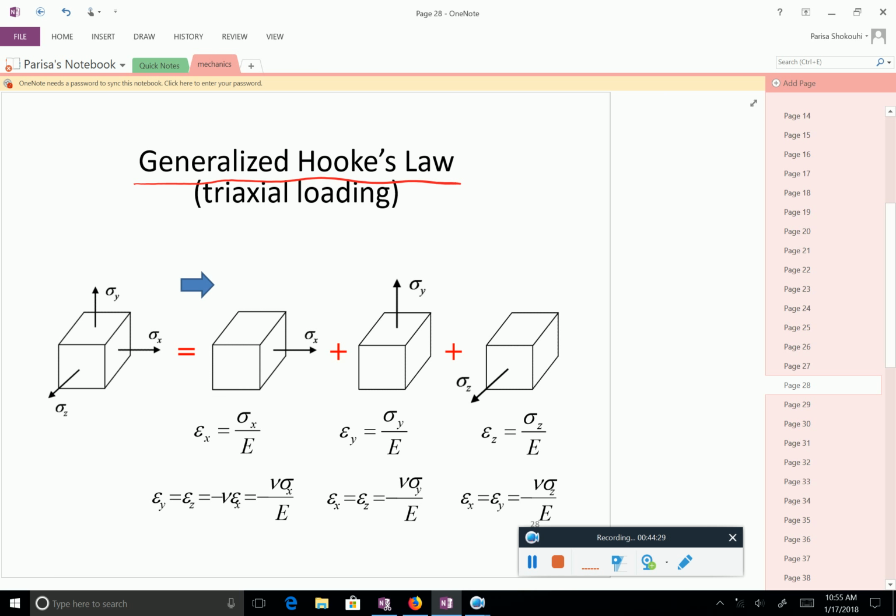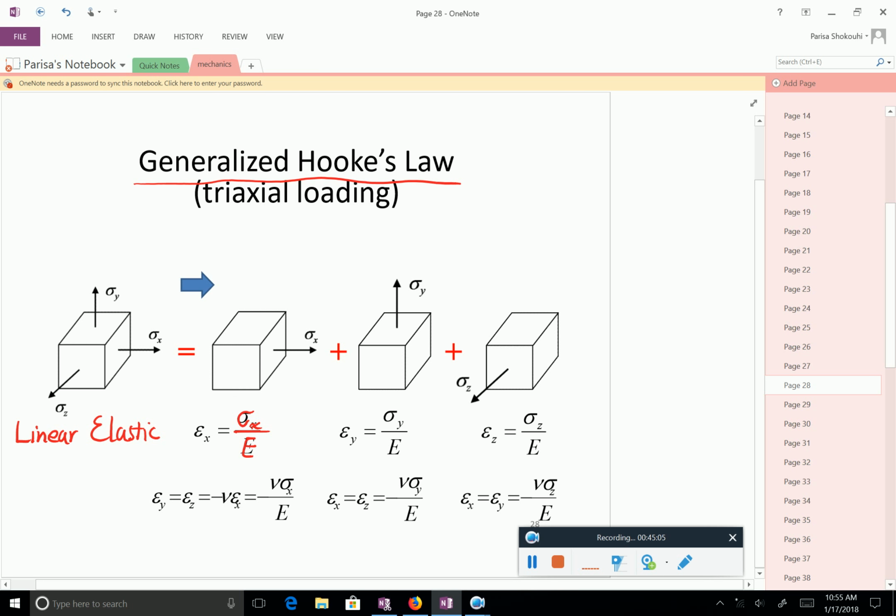And how does it work? If you have a stress in the x direction, the strain will be just the stress over E. This is a linear elastic material, very important. In the other two directions, y and z, the strain would be negative Poisson's ratio times epsilon x.